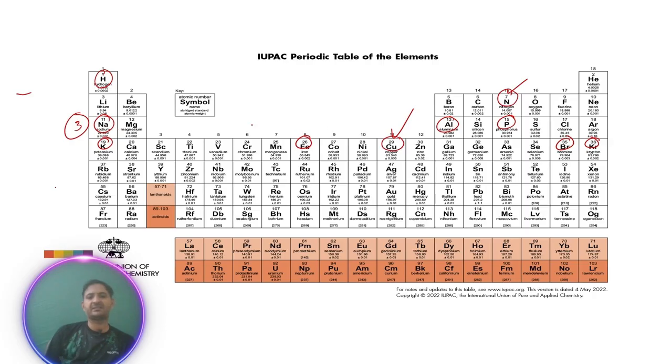Sodium has 3 shells, aluminum also has 3 shells. Sodium has 11 protons, aluminum has 13 protons. So the proton number in aluminum is higher. So there is a greater force of attraction between the nucleus and the valence electrons in aluminum. That's why the ionization energy of aluminum is greater as compared to sodium.